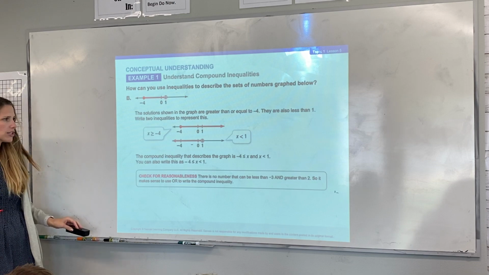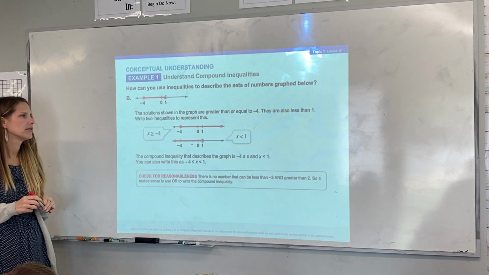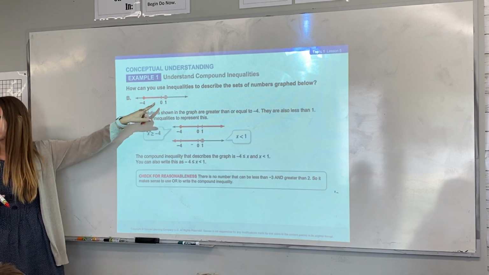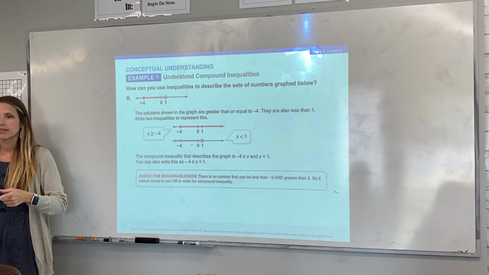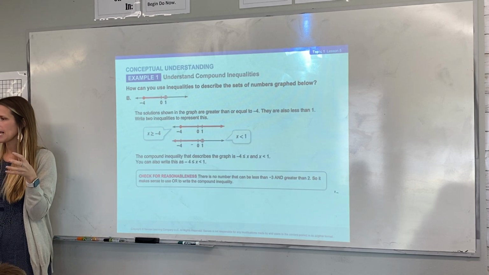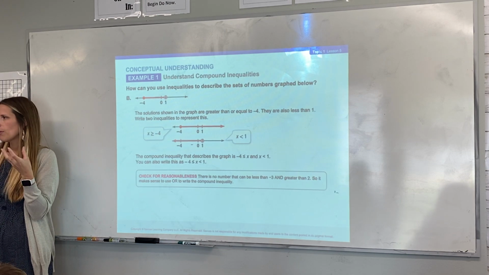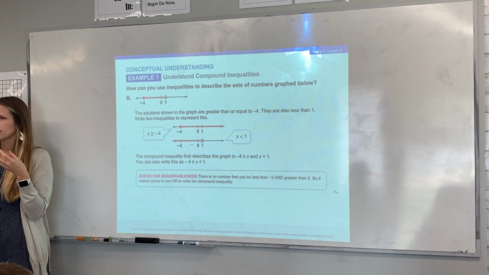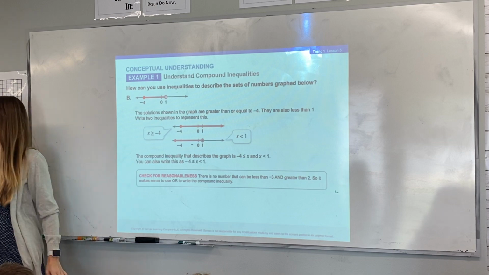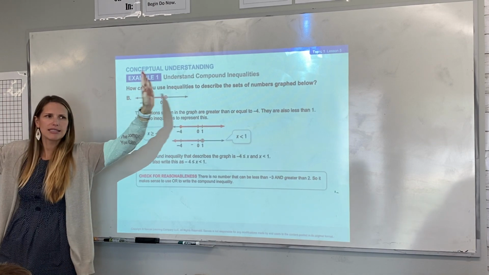Now let's look at an and. What do you notice about the x value here? That there are two dots connecting. Yeah, so how would you describe that? Before, we had x going in that direction and then a completely separate solution.